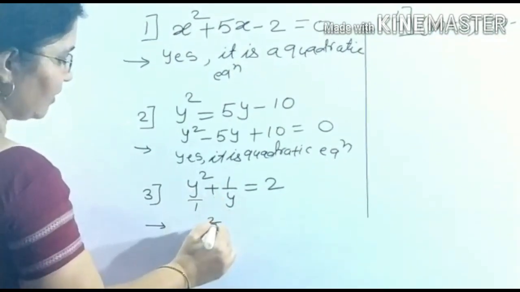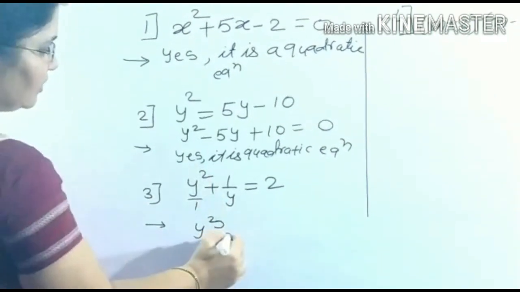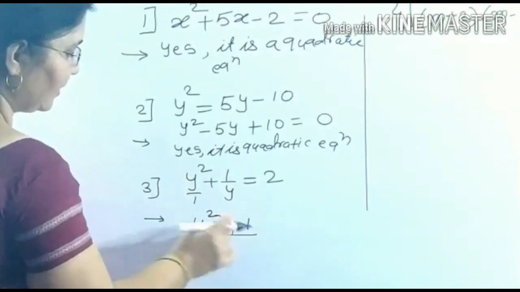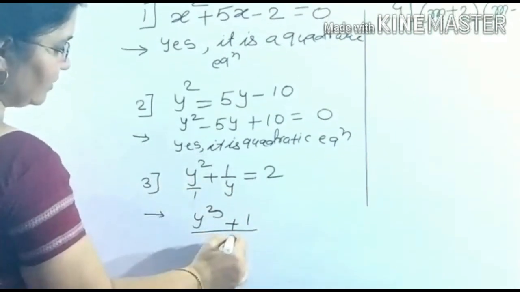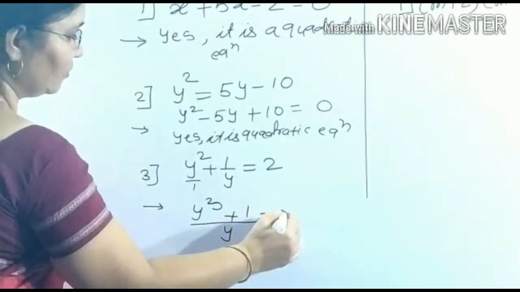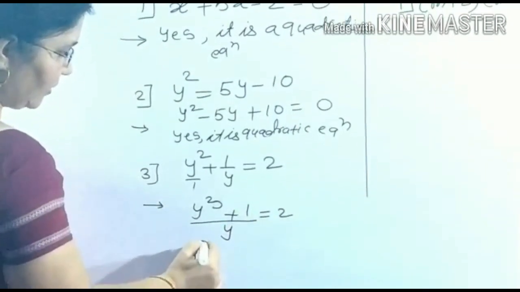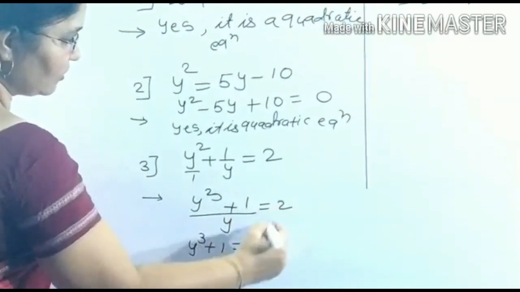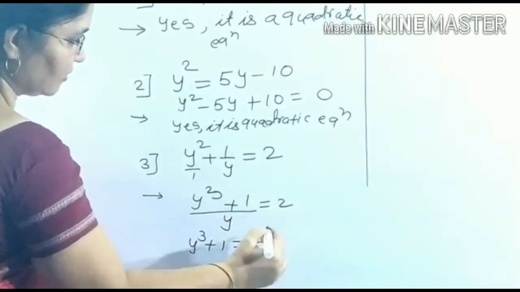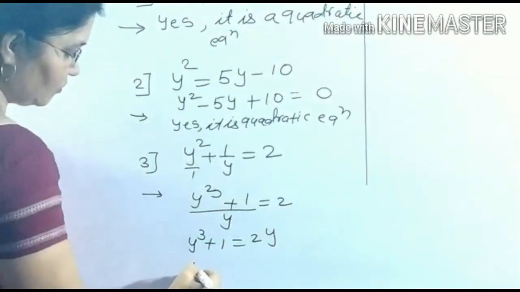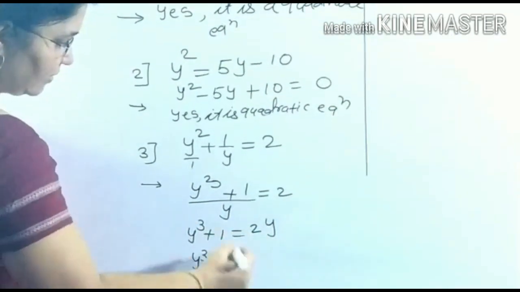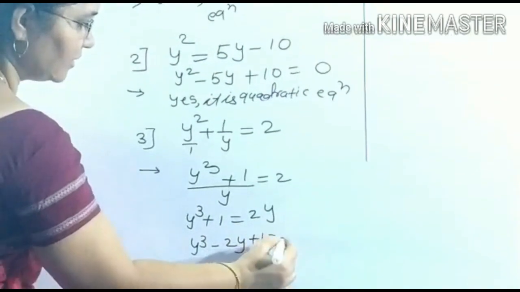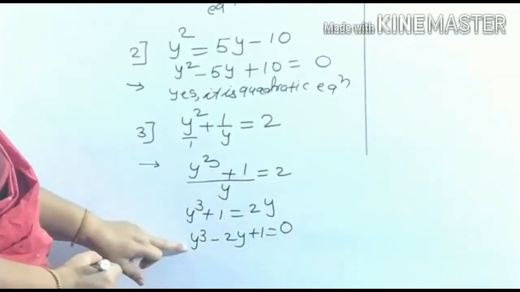Y square into y, it is y cube plus 1 into 1, it is 1 divided by 1 into y, it is y is equal to 2. Y cube plus 1 is equal to this y goes to right, it is in multiplication, 2y. So y cube, this 2y comes to the left, minus 2y plus 1 is equal to 0.